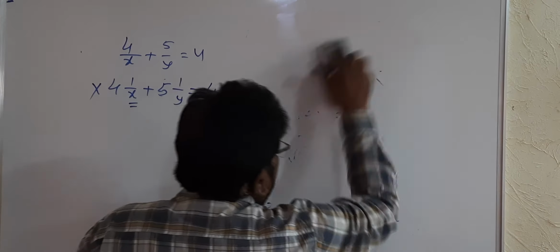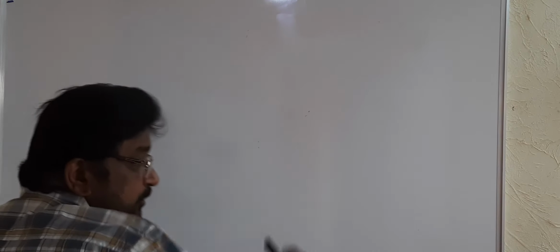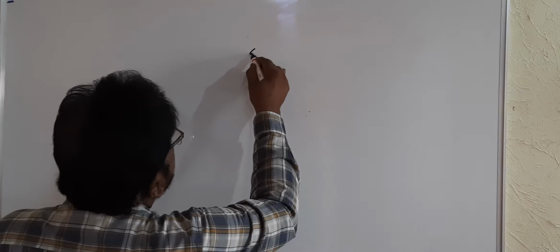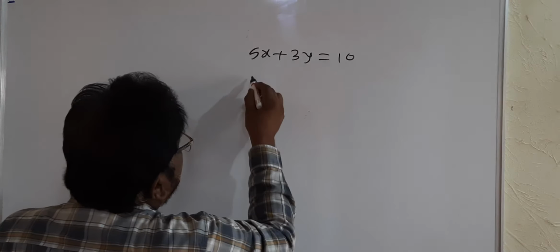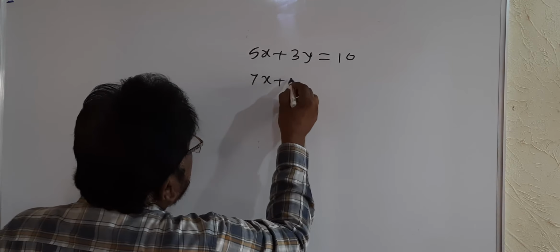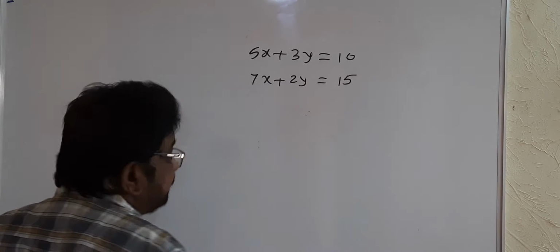Now we are checking the simultaneous equations. When you take two linear equations with two variables, they are called simultaneous equations. For example, if we take 5x plus 3y is equal to 10 and 7x plus 2y is equal to say 15.